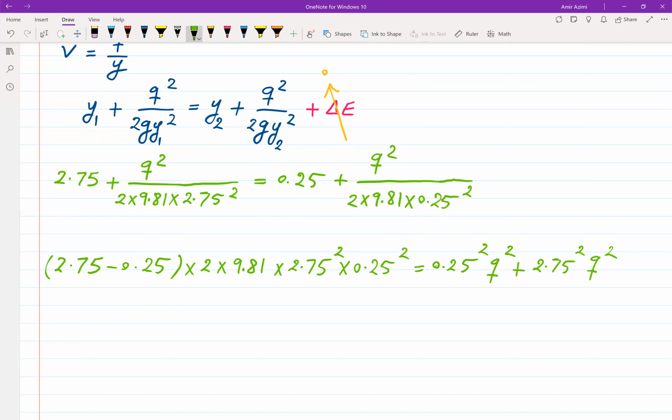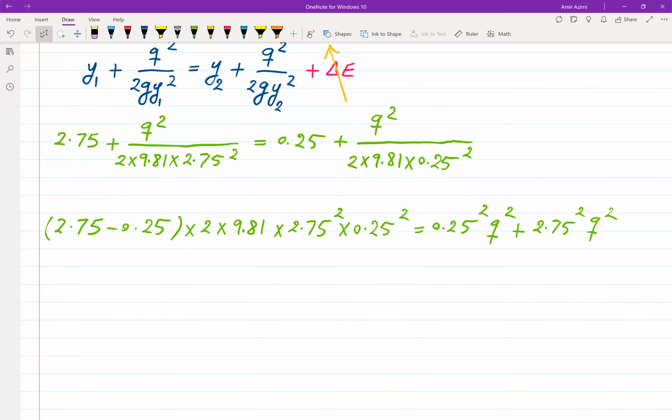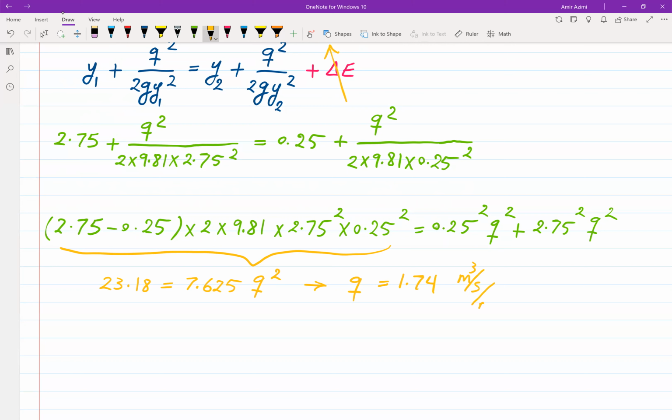Okay. And then if you calculate the left-hand side, you will get 23.18 is equal to 7.625 q squared. From that, you can calculate q is equal to 1.74 cubic meter per second per meter.